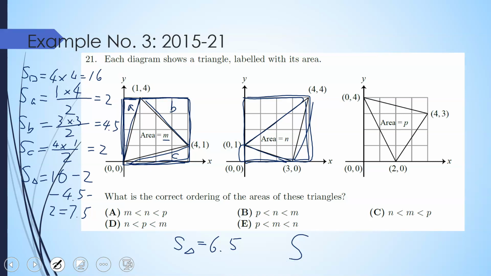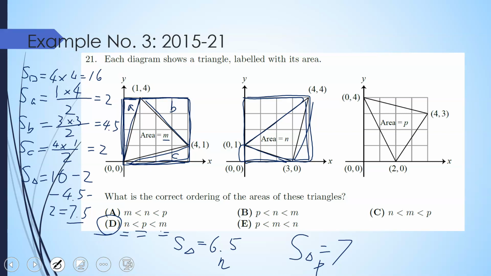And similarly, the area for P equals 7. Now we can see that N is the smallest. P equals 7 is the second, and M equals 7.5 is the largest. So the answer is D.